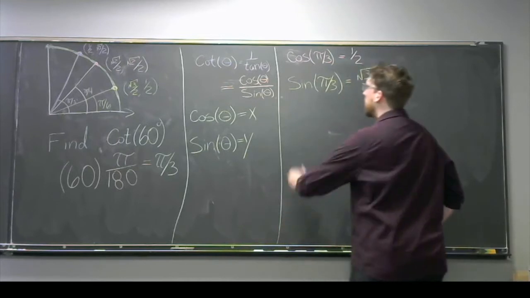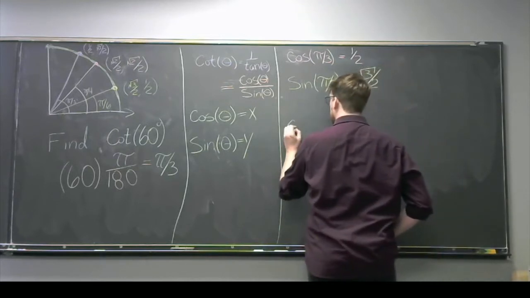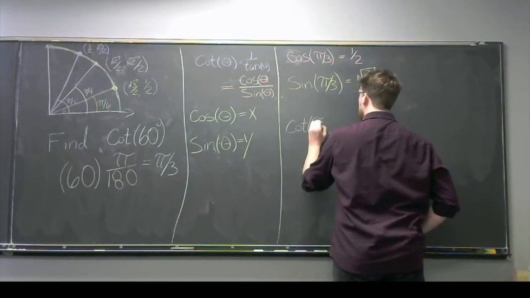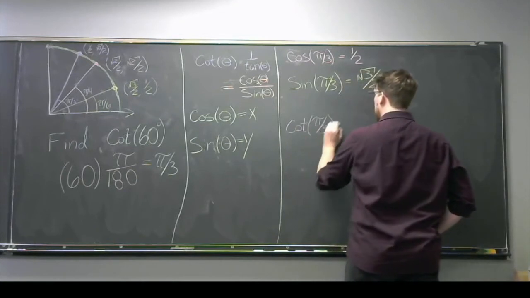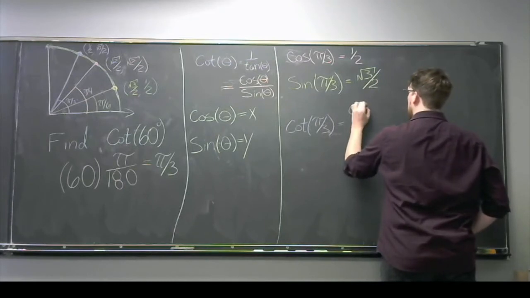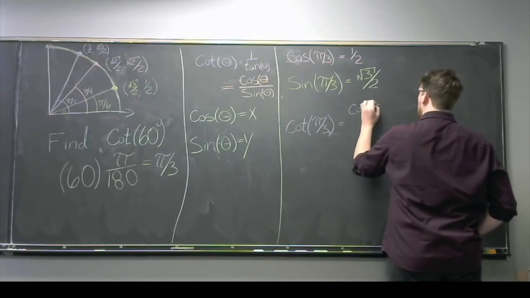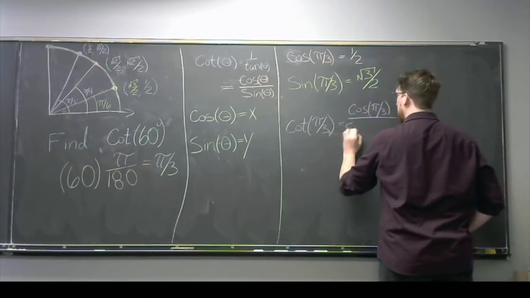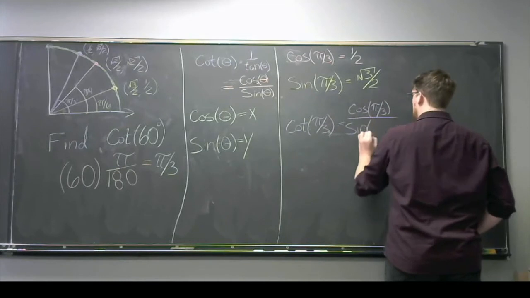We know that cotangent of pi over 3 is equal to cosine of pi over 3 divided by the sine of pi over 3.